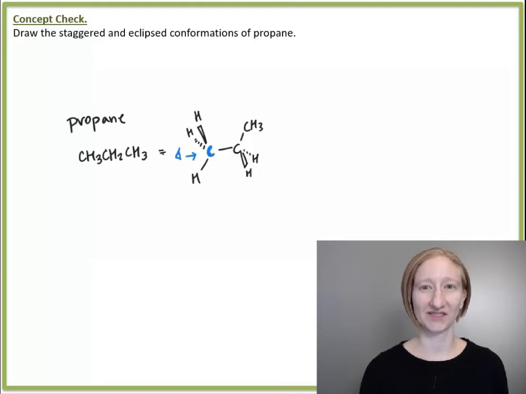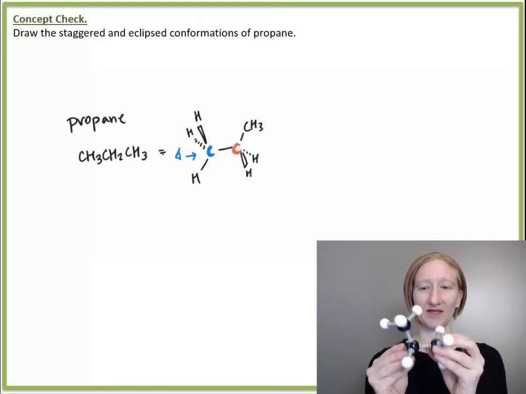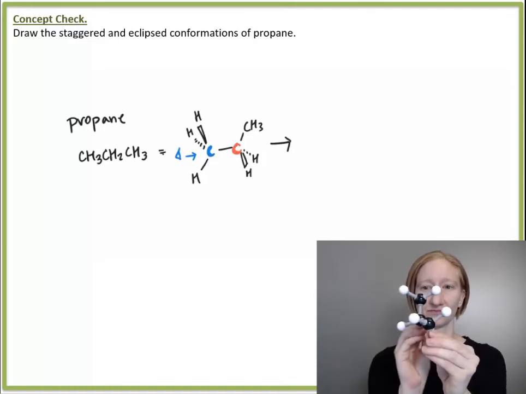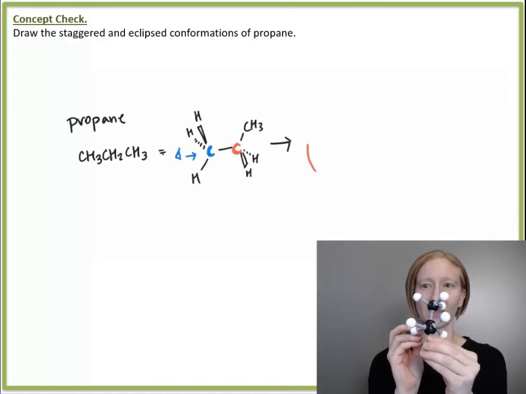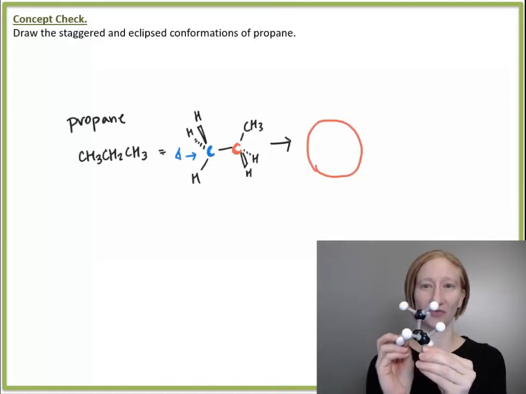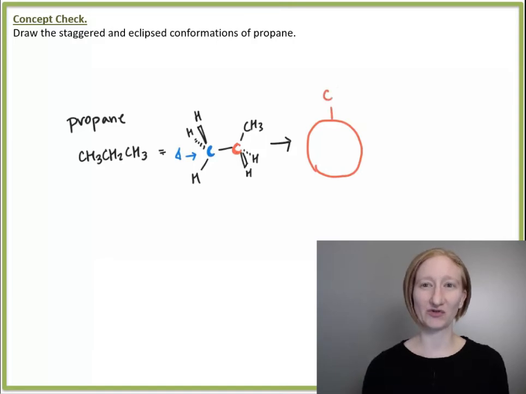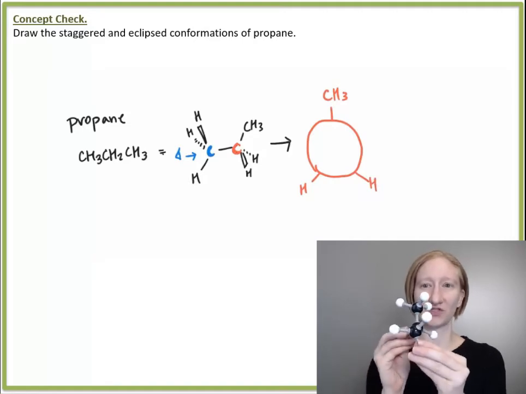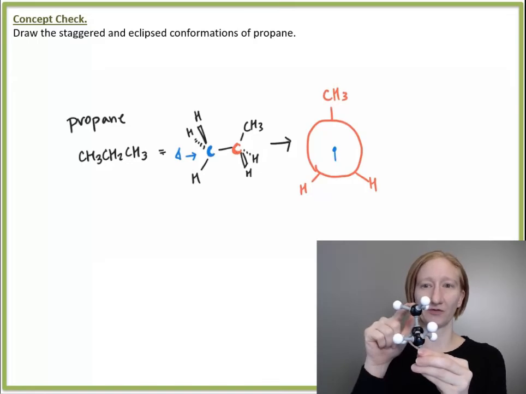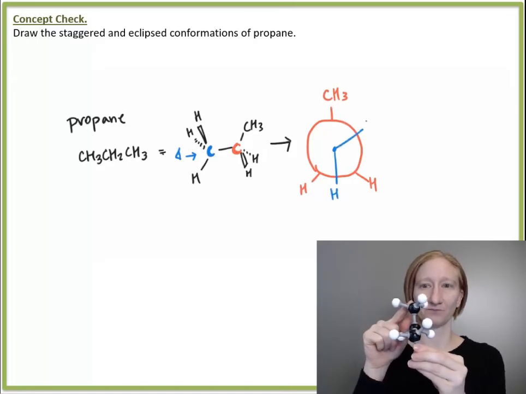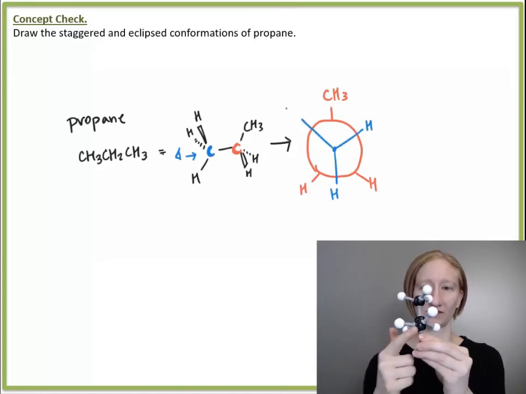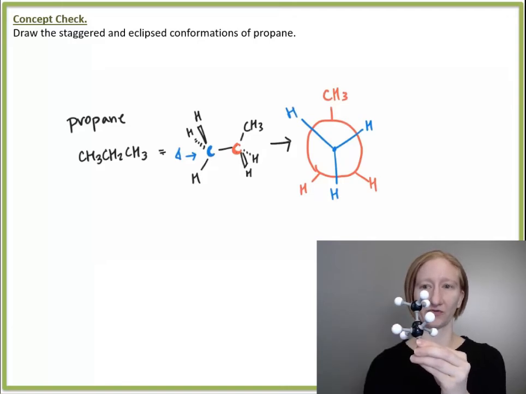Now if we're looking down the carbon-1, carbon-2 bond, that will put our methyl group in the back. If you look down the carbon-2, carbon-3 bond, and you want to compare your Newman projection to mine, you might want to pause the video and draw the other form. So we're going to look down carbon-1 to carbon-2, and that's going to put the methyl group in the back, pointing up. So this is carbon-1, carbon-2, and carbon-3.